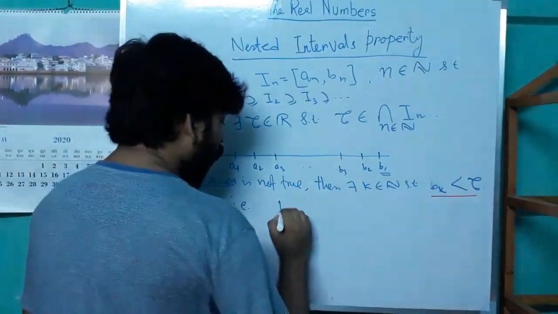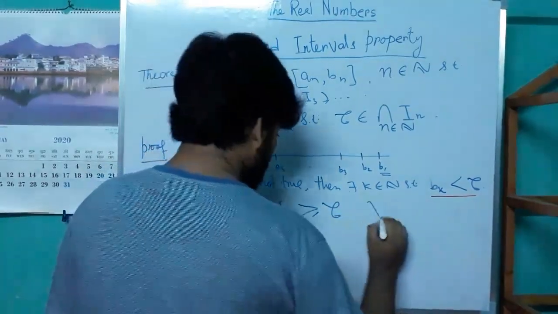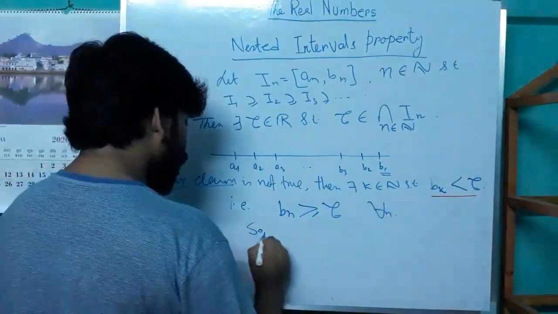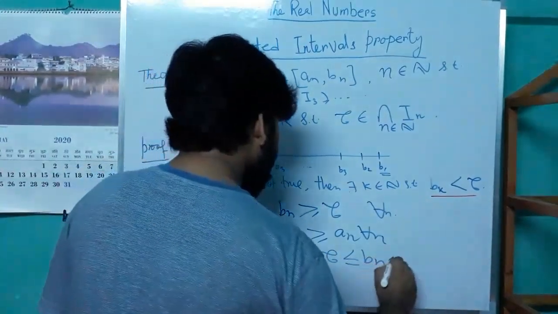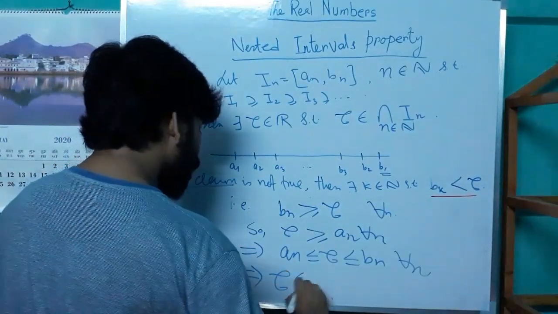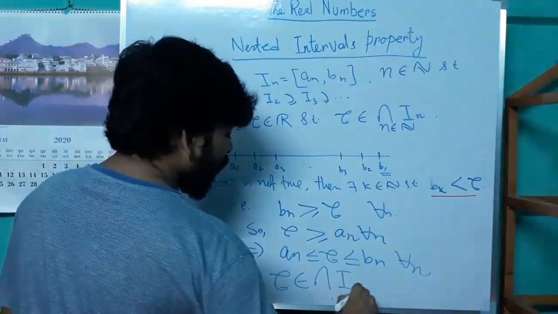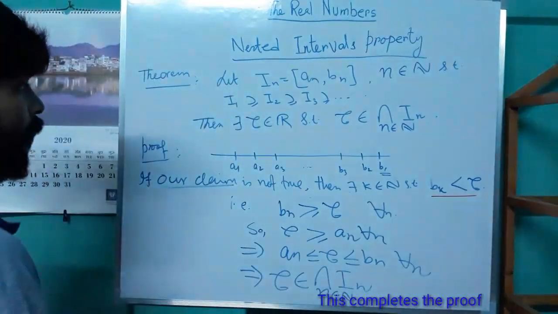That is, all Bn is greater or equal to zeta for all n. So An less or equal to zeta less or equal to Bn for all n. So this implies zeta belongs to the intersection An. That means the intersection is non-empty.